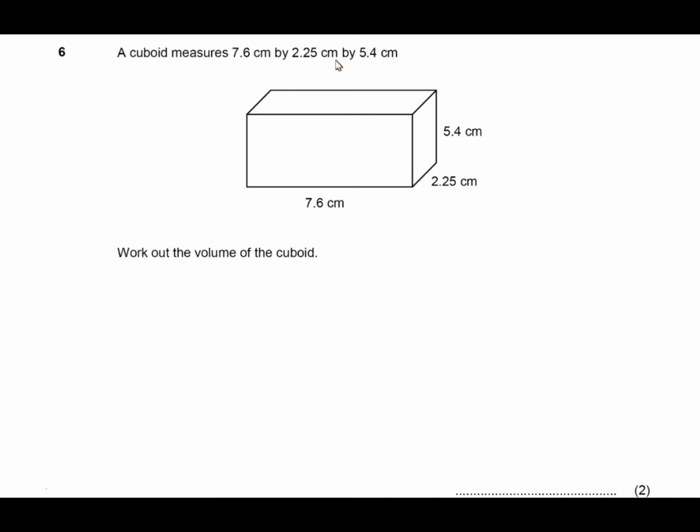A cuboid measures 7.6 centimeters by 2.25 by 5.4. Work out the volume of the cuboid. So to calculate the volume of a three-dimensional shape, you have to multiply the 3 dimensions. So 7.6 multiplied by 5.4 multiplied by 2.25.